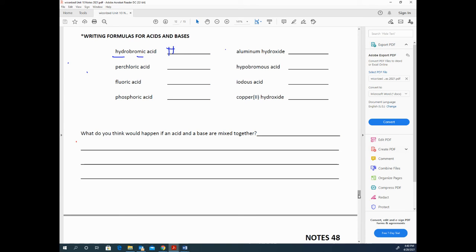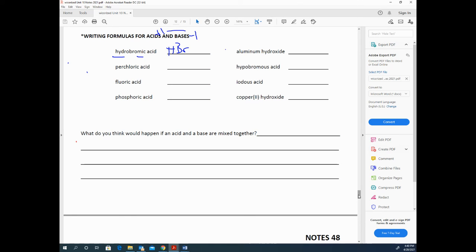I'm going to start with an H, bromic, so that's bromine, which is Br. Okay? So I know that it's HBr. Now, I do have to worry about balancing their charges. Bromine on the periodic table has a -1, so the -1 column, and hydrogen is in the +1 column. So they're good. I actually don't need to cross down their numbers or anything. It's just going to be HBr.